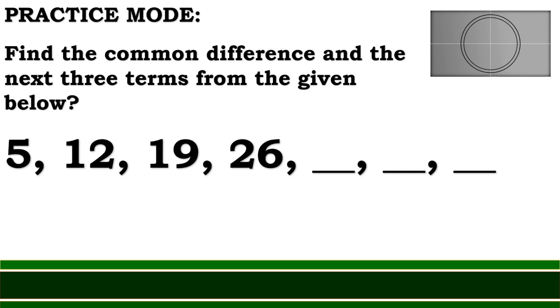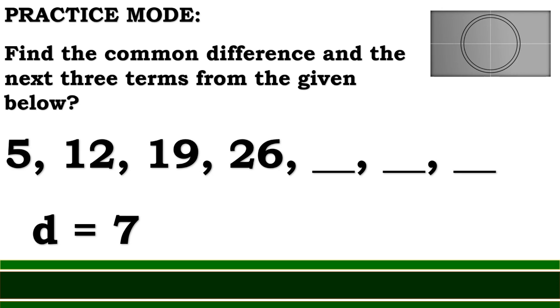Okay, the common difference from this given is 7. If we subtract 12 minus 5, it gives you 7. 19 minus 12, 7. 26 minus 19 is 7.